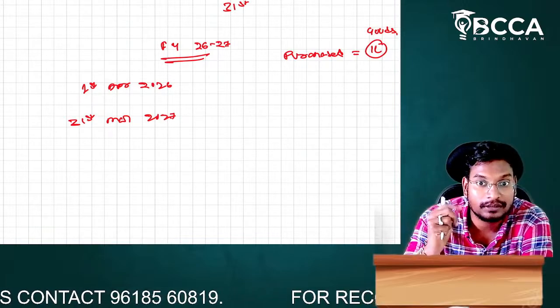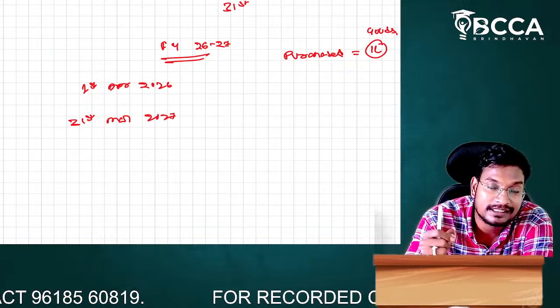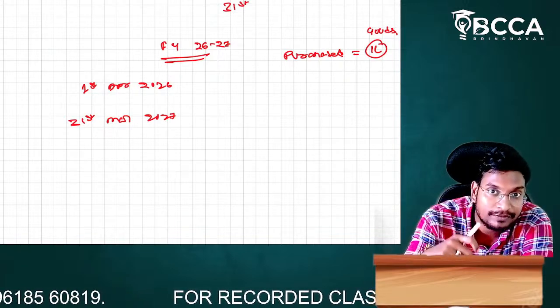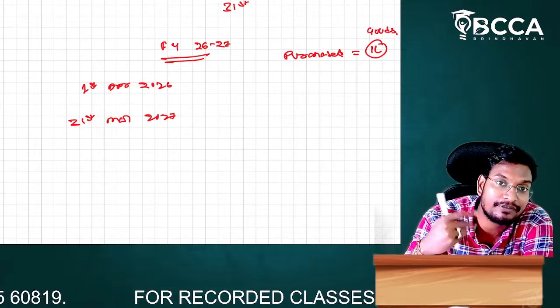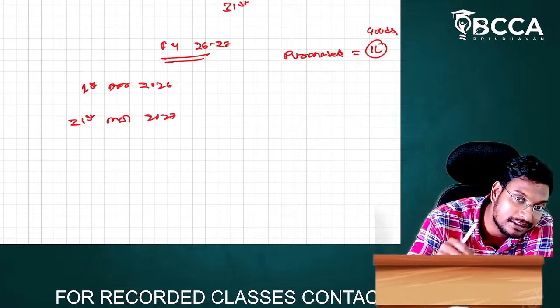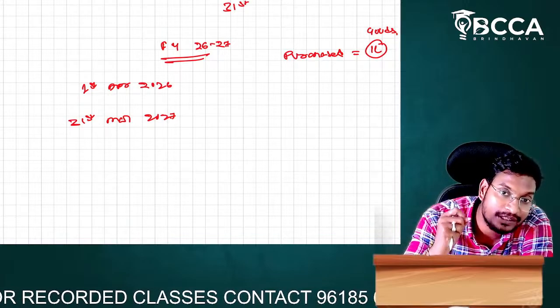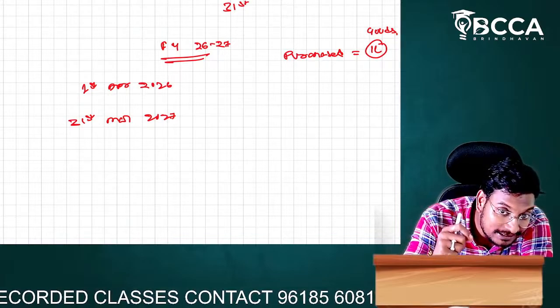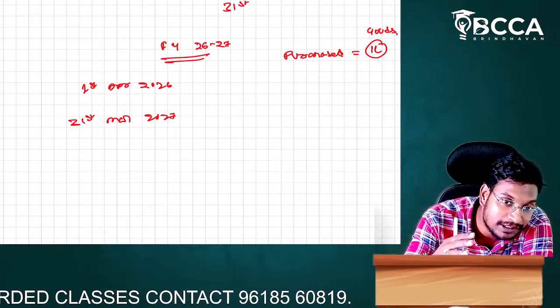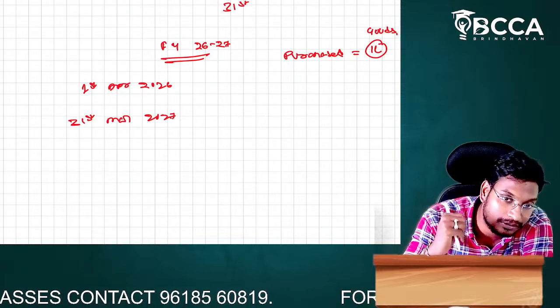We already learned this concept in CMA Foundation. At the time of preparing the final accounts, we prepare at the end of the financial year. That means at the financial year end, we have to close the books of accounts.